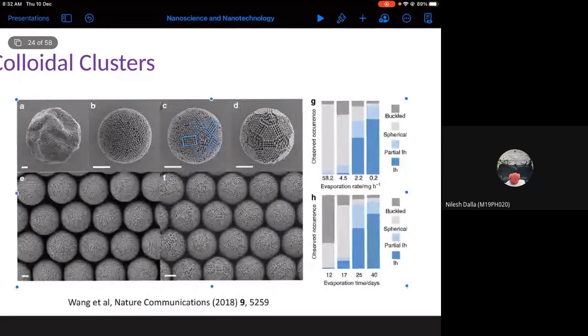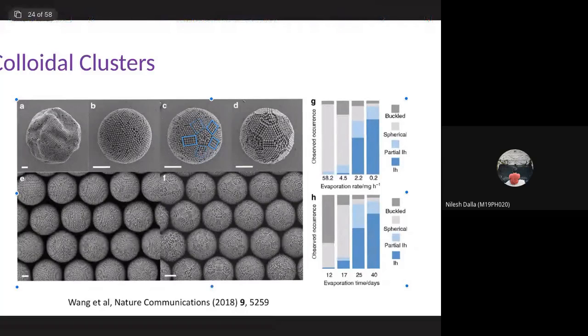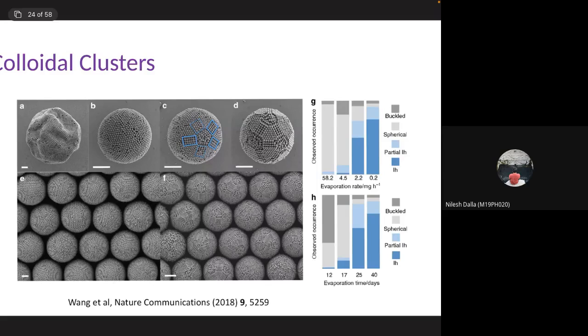So what you have is different structures, like you can have a buckled structure like in A, you can make a perfect sphere, but you can also make facets like in the case of a crystal. So you can make this icosahedral structure where you have different facets. Okay, so 100, 111, these facets you can also create.